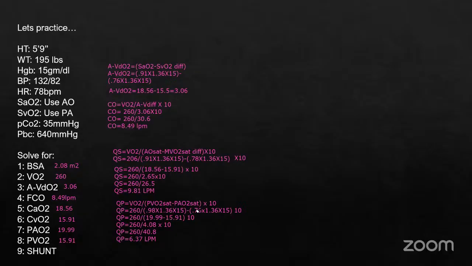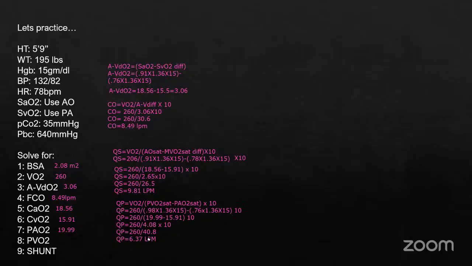So maybe I did 0.78 instead of 0.76. I need to go back and correct it. So it's 1999 minus 15.5, which is 4.49.